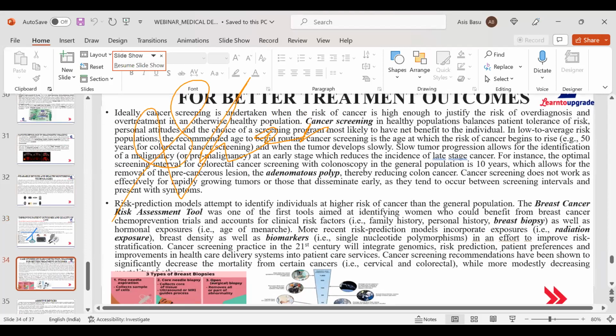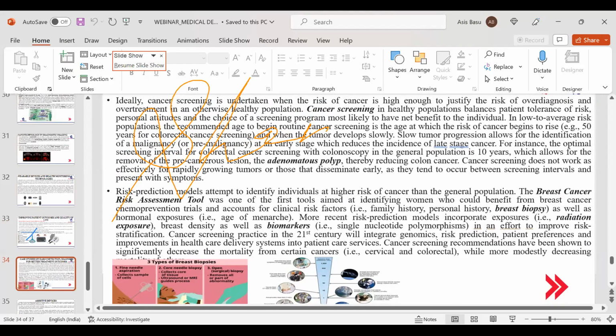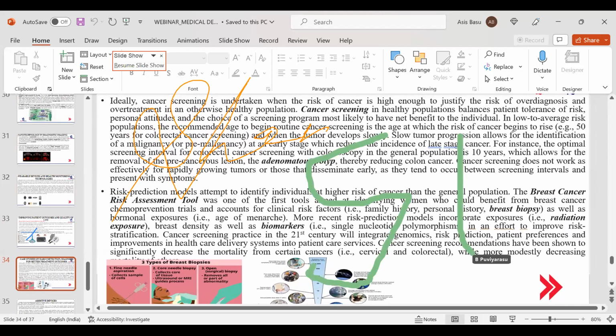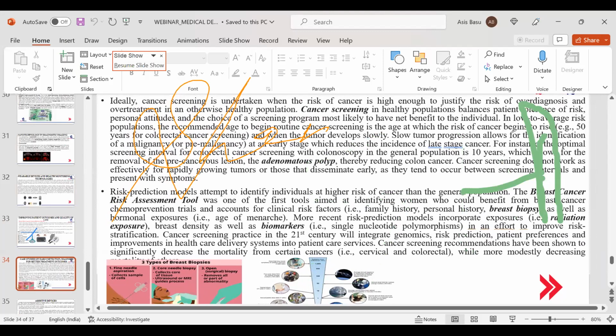Coming to cancer screening, again something very important when you are talking about medical devices and diagnostics. Why? Because cancer is a disease whose symptoms are shown at a very late stage. There are different stages of cancer: primary, secondary, tertiary, and the last stage.